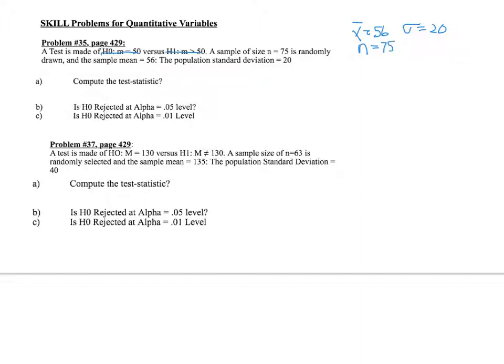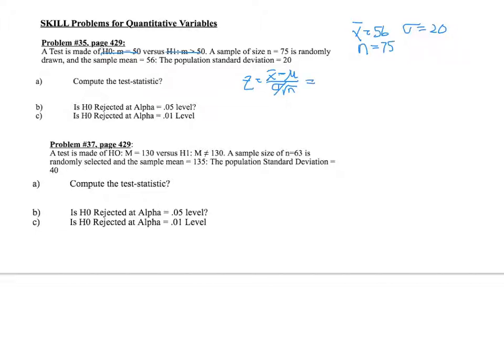The first question is compute the test statistic. Well, since we know the population standard deviation, we will use the z-test. The z-test is equal to x bar minus mu divided by sigma divided by the square root of n.